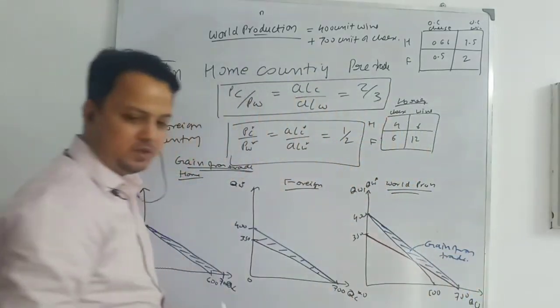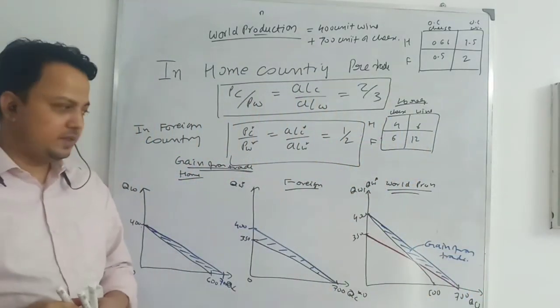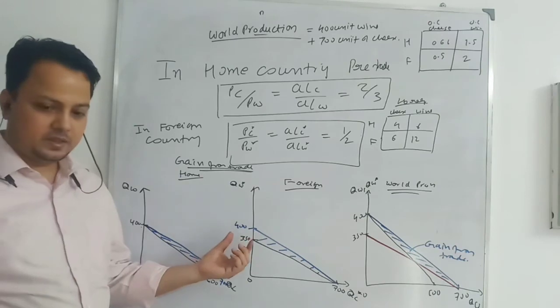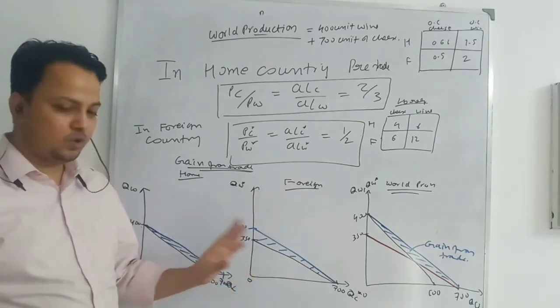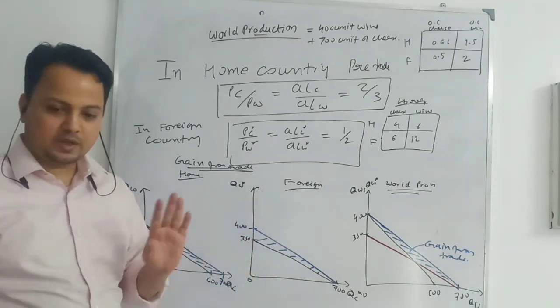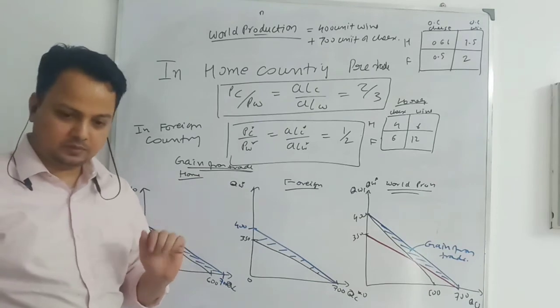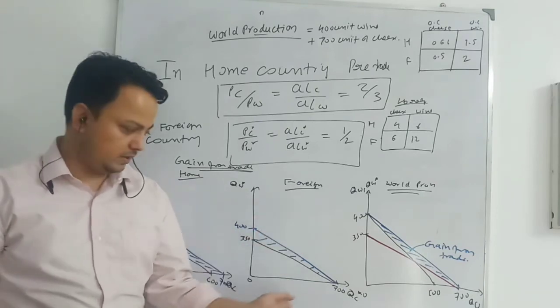So the statement that I have given: if countries trade with each other and they are able to consume outside their production possibility frontier, both are able to gain from trade. Write down the concluding point.